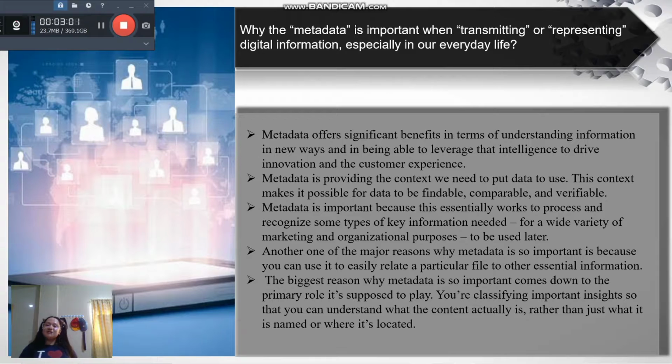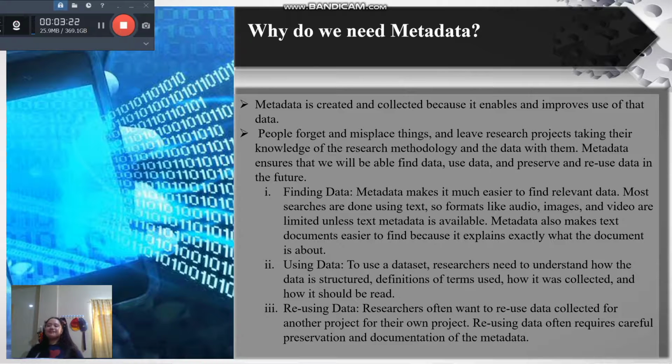This context makes it possible for data to be findable, comparable, and verifiable. The biggest reason why metadata is important comes down to the primary role it's supposed to play. You're classifying important insights so that you can understand what the content actually is rather than just what it is named and where it is located.